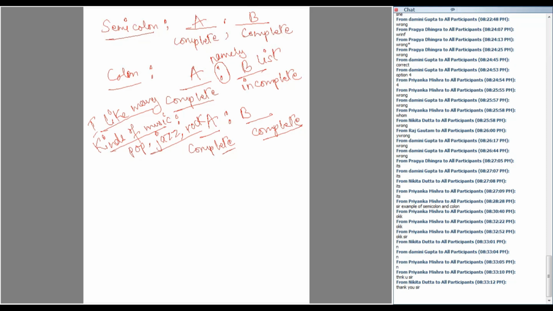But still, because we will be talking about tenses, we will take a look at all the tenses. That class is going to be very theoretical in nature. And after tenses, we will look at comparisons and parallelism also next week.